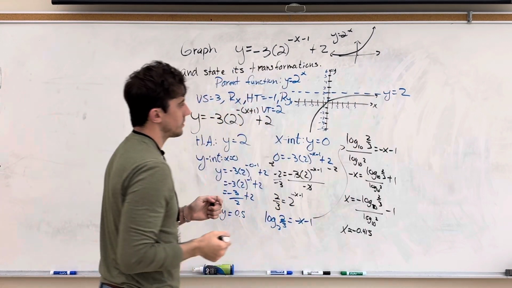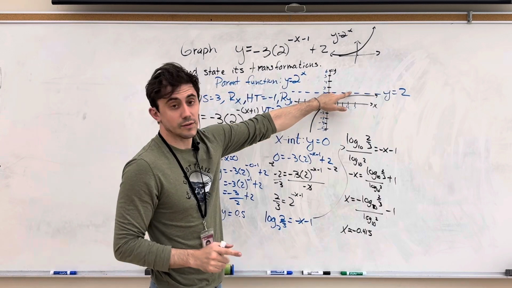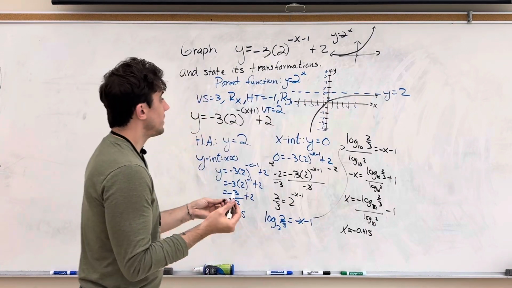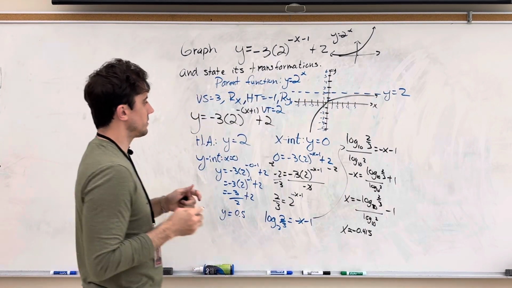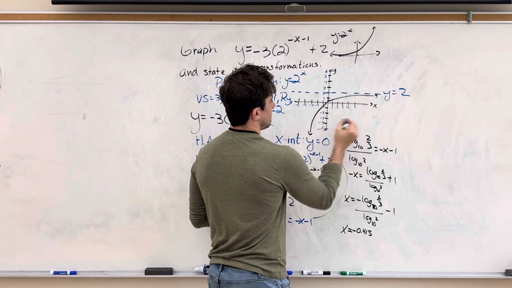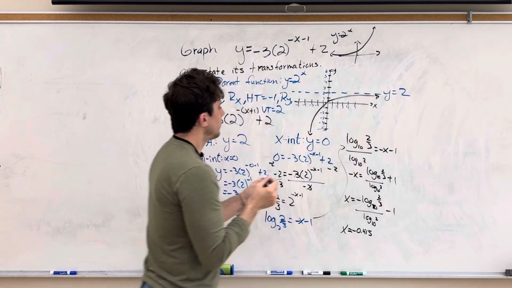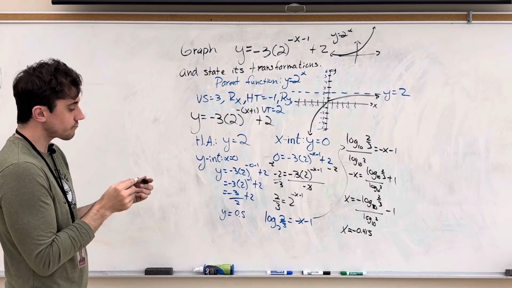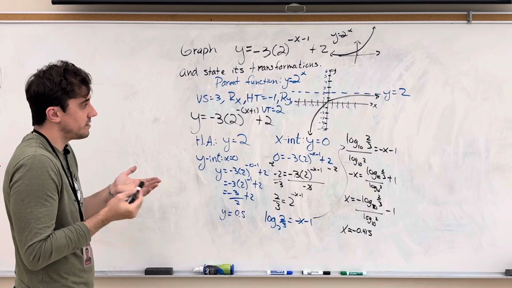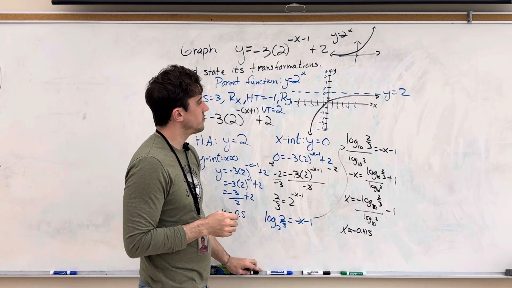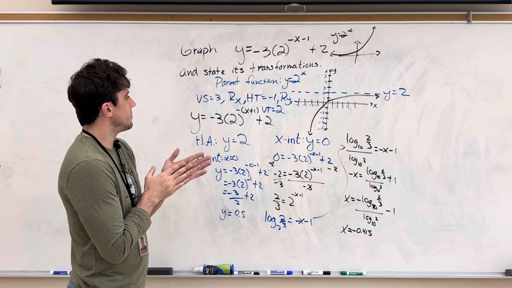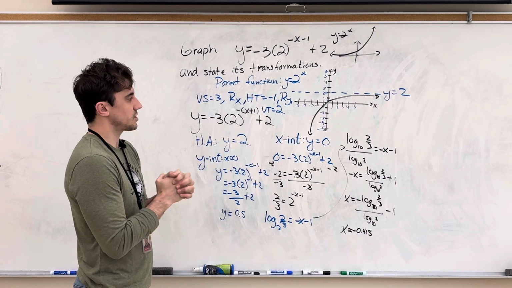And it's going to trail off. It's going to go through the x-intercept and the y-intercept that we just computed. And then after that, it trails off in the way that exponential functions always do. And this would be, for me, a good enough sketch for this exponential function.